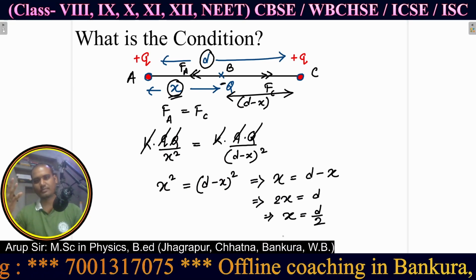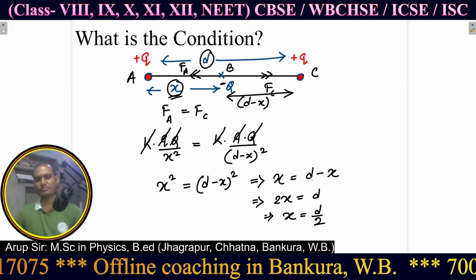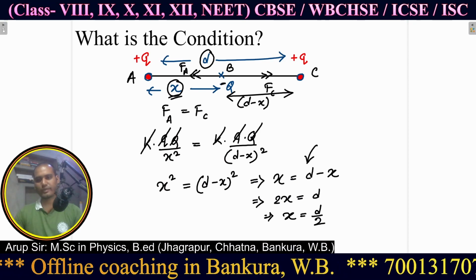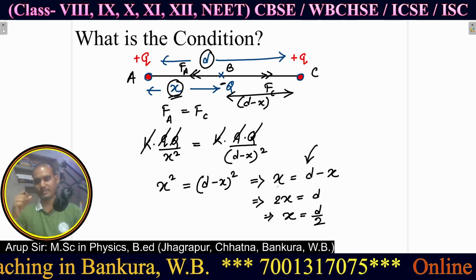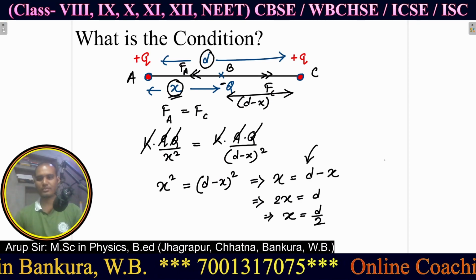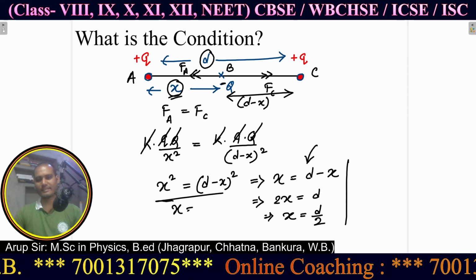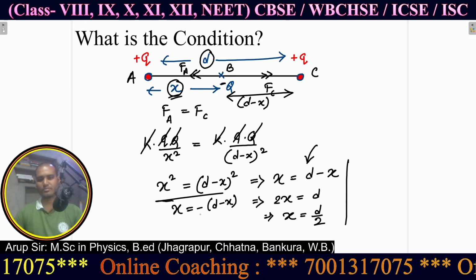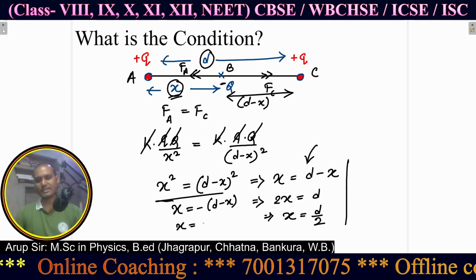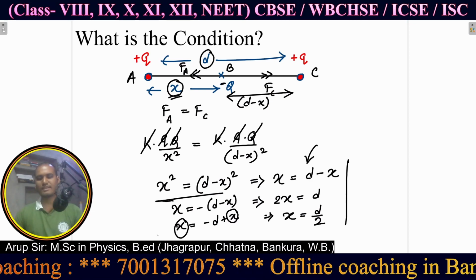So x is d by 2. Now one question is coming, I know: after taking the square root of this term, it is a positive term, but why am I ignoring the negative term? Means I can also write x equals minus of d minus x, right? We can also write it down, but if you take this term, then x and x will cancel.